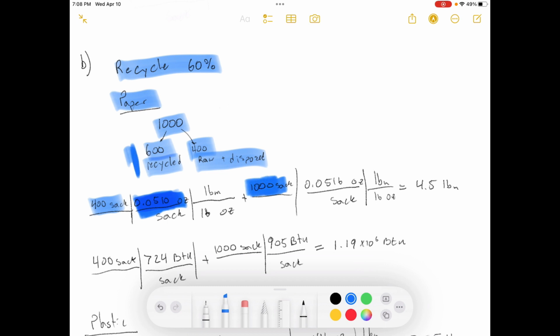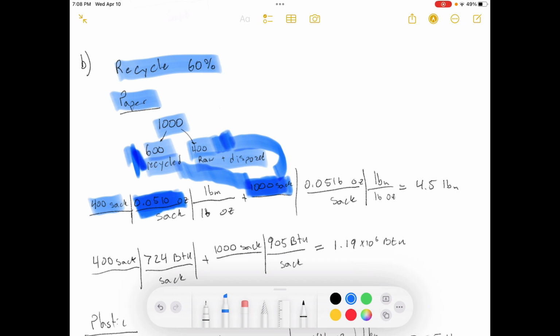It's not 600, it is 1,000. How many sacks are being produced and used? 1,000, because there are 600 that are being produced and used, and there are 400 that are also being produced and used. It's just that these 600 come from a recycled stream. These 400 are raw materials, okay?